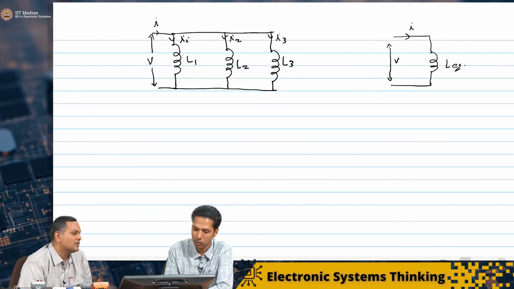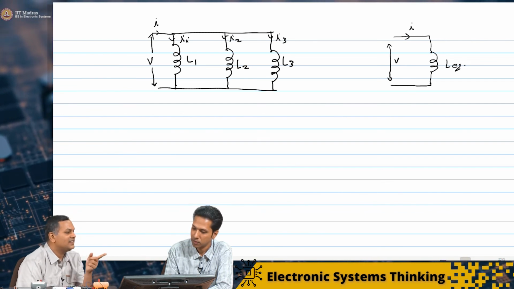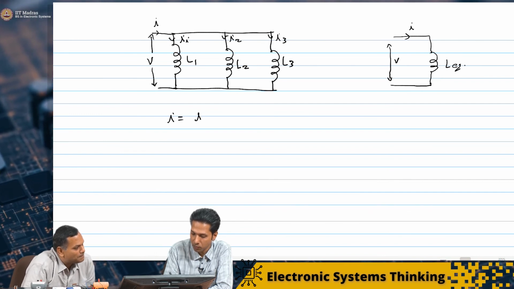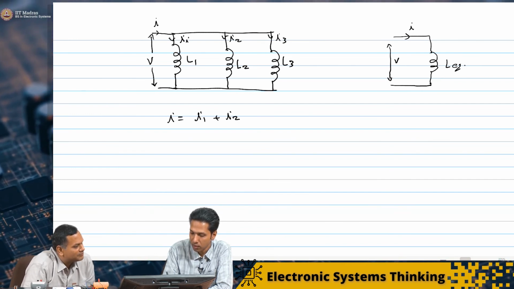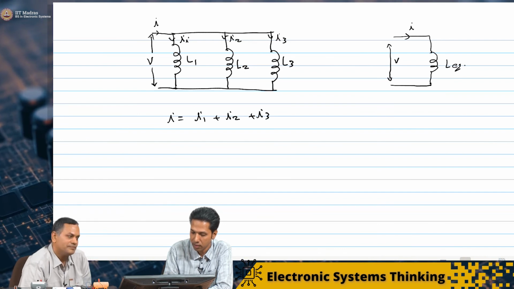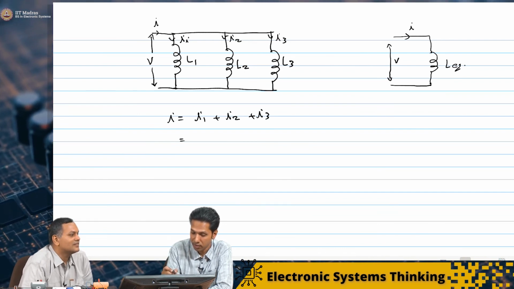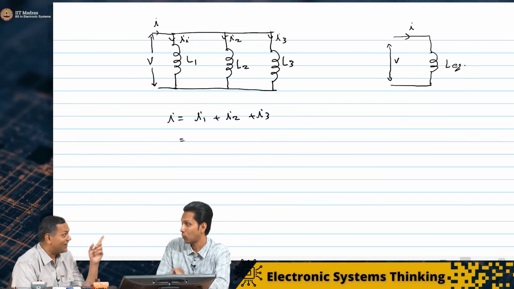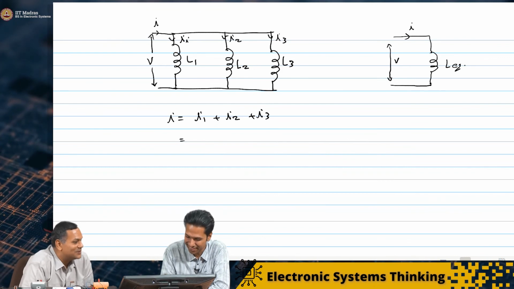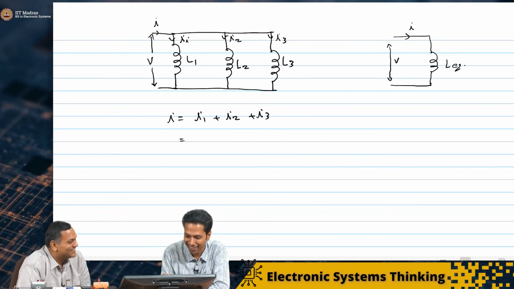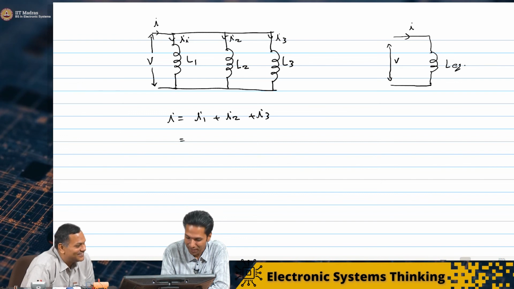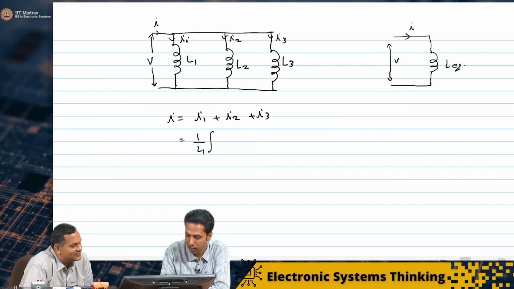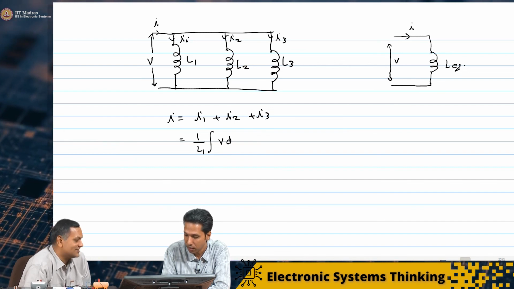So how will we go about this? Shall we write the current in terms of I1 plus I2 plus I3? I is equal to I1 plus I2 plus I3. I1 is L1 di1 by dt? No, we have to use the integral form, so 1 over L1. I got confused between the capacitor and the inductor. It will be 1 by L1 integral V dt.